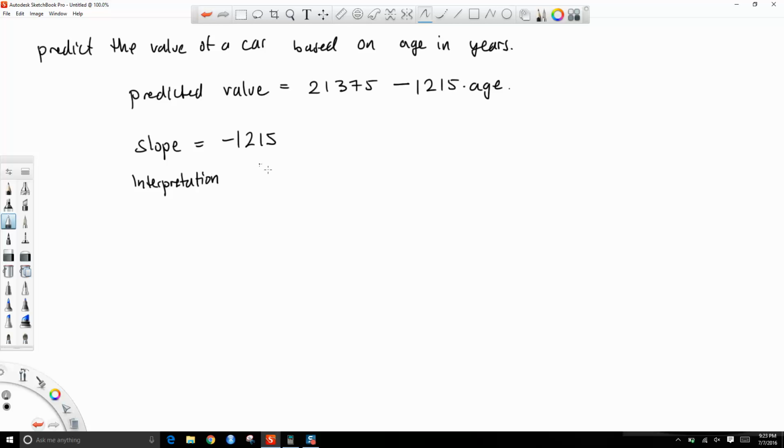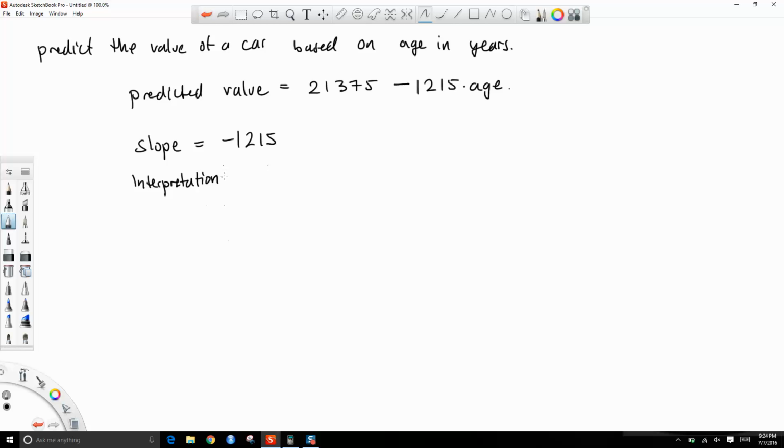And what is the interpretation here? If I increase x by 1, my prediction for y changes by the slope. What is x? Age. So if I increase the age of a vehicle by 1, what happens to y? What is our y? Value. Value goes down.